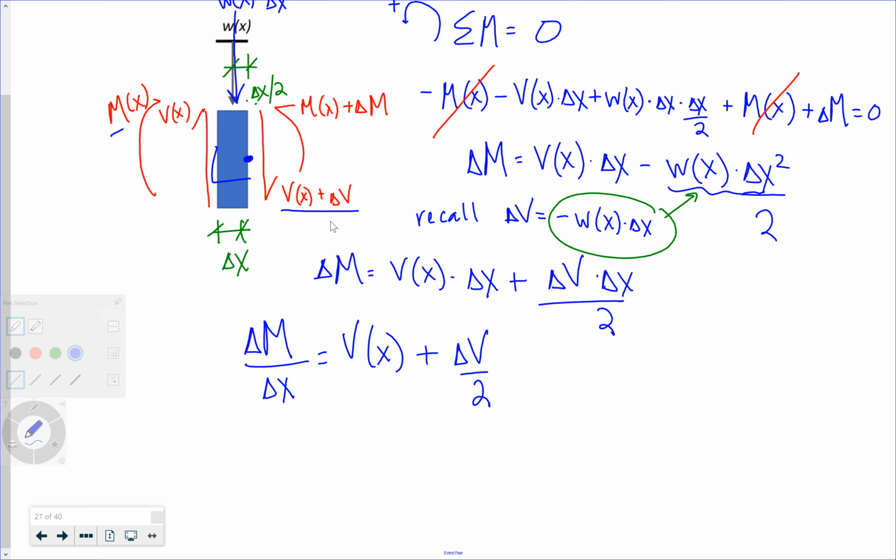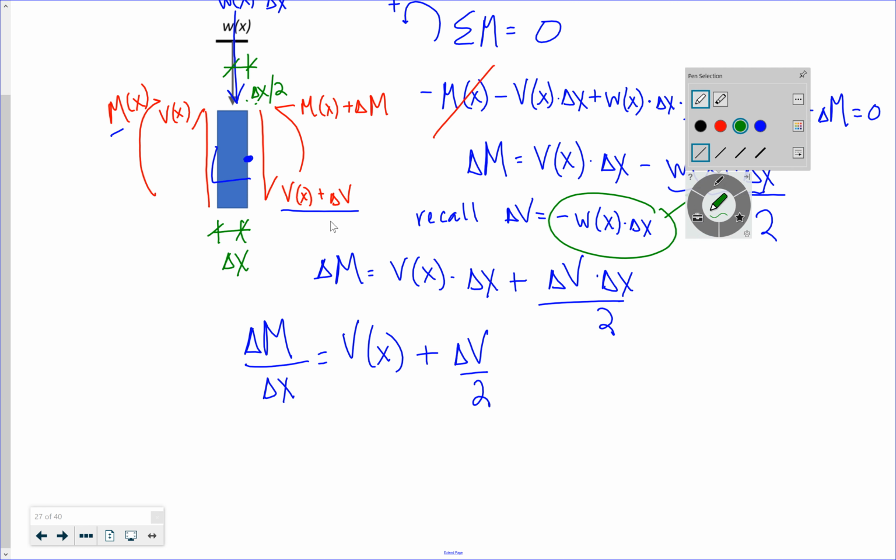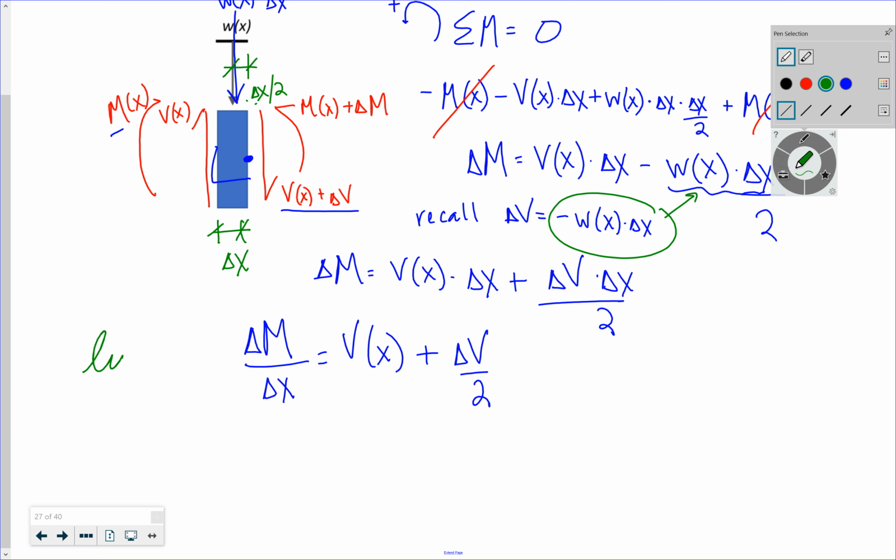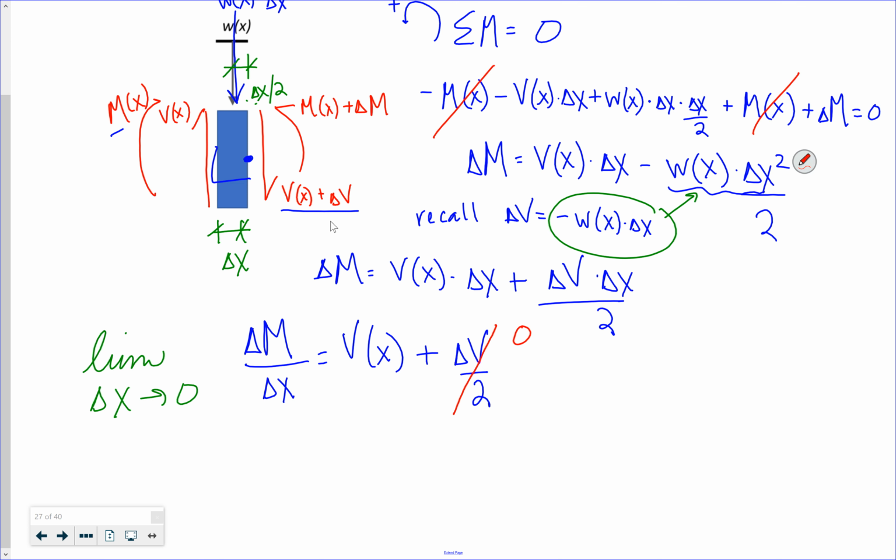Okay, again, I'm going to take that limit. Remember, we all love limits. As delta x goes to 0, this change in shear is going to get smaller and smaller, and it basically equals 0.